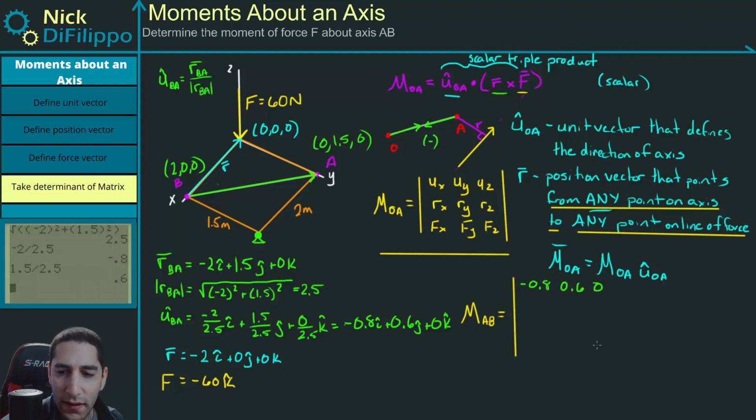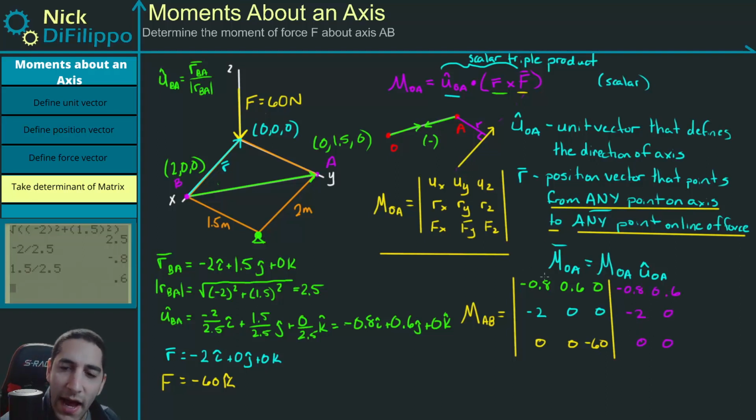Now I can put this down. My position vector, the second row, is minus 2, 0, 0. My force is 0, 0, minus 60. Now to take the determinant of a 3 by 3 matrix, we're going to copy these two columns. So we're going to have minus 0.8 and 0.6, minus 2, 0, 0, 0.